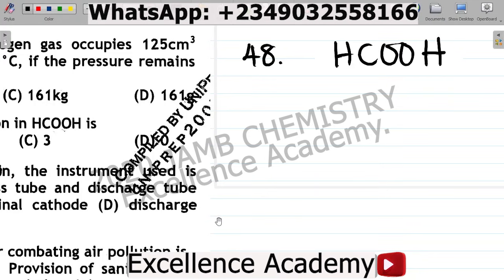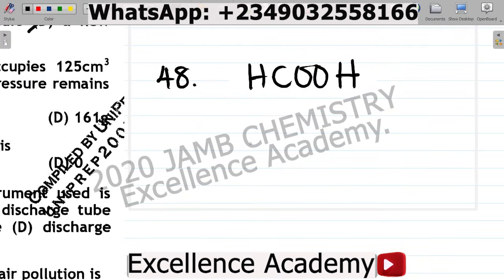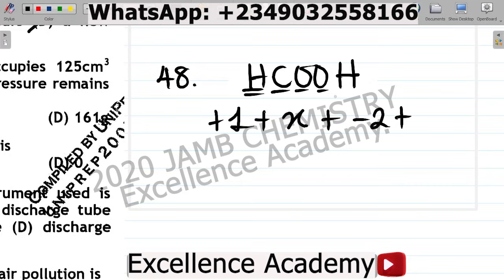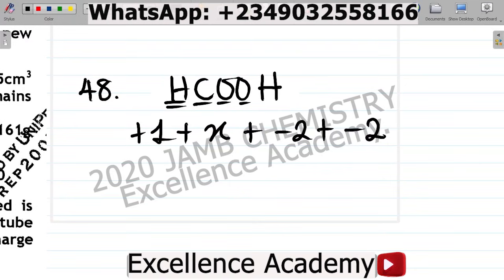For carbon, let's start with hydrogen. For hydrogen, we know that the oxidation state is +1. Plus for carbon, we don't know, we'll call it X. Plus for oxygen, oxidation state is -2. Plus for oxygen, oxidation state is -2. And then for hydrogen, the last one here, the oxidation state is +1.